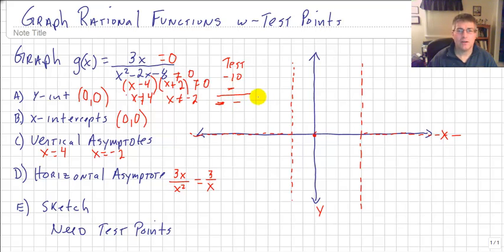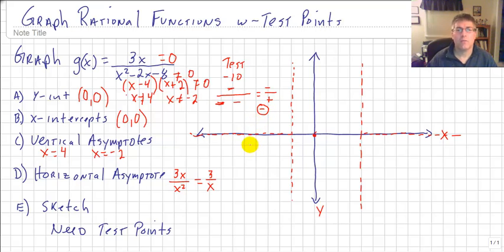So my fraction becomes a negative divided by a positive, which of course is a negative result. So I know that when I input -10, my final result is going to be negative. I don't care what the exact value is, just that it's negative.